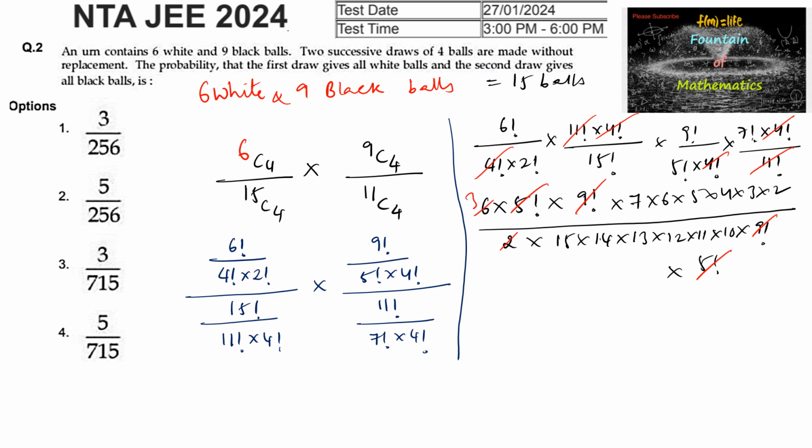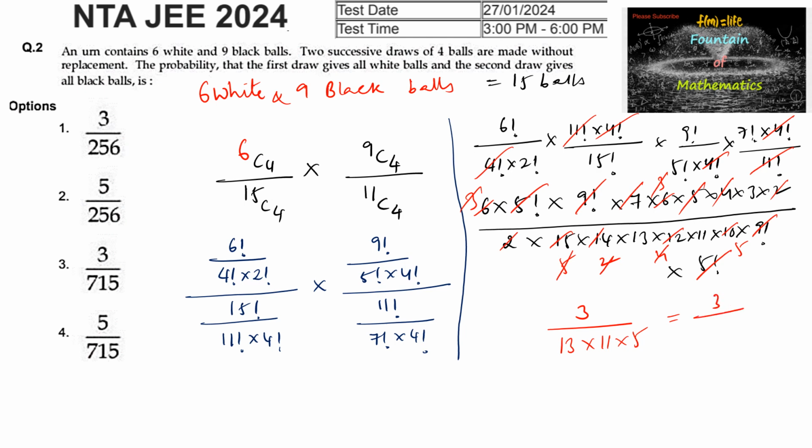Here 2 three times, and again here 3 five times, and here 7 two times, and again here 2 three times, and again this 5 gets cancelled. So 3 here 4 times, and again 4 and 4 get cancelled, and again here 3 into 2, this is 5 times. So the numbers left only in the numerator is 3, and in the denominator we have 13 into 11 into 5.